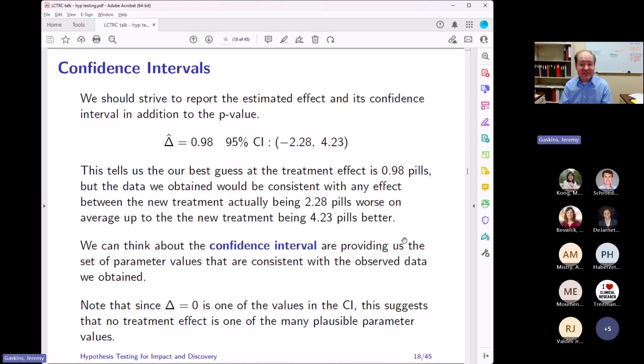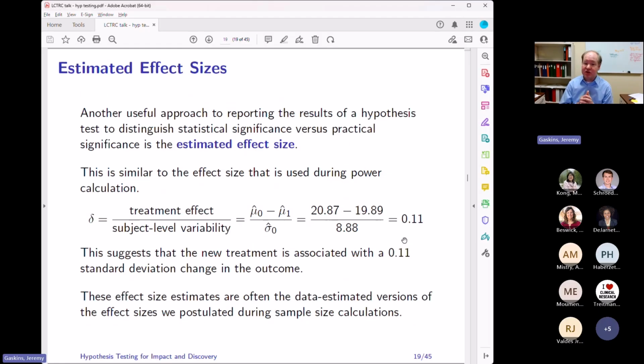That's consistent with not having evidence to reject delta equals 0, right? My confidence interval always gives me the conclusion from a hypothesis test while also giving me more information about the actual effect size and precision. So it's a better marker to use in general, or to supplement what we're using from the hypothesis test.